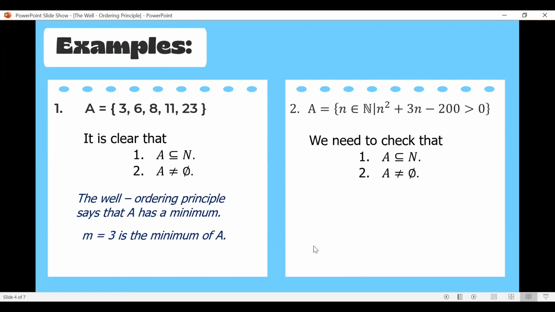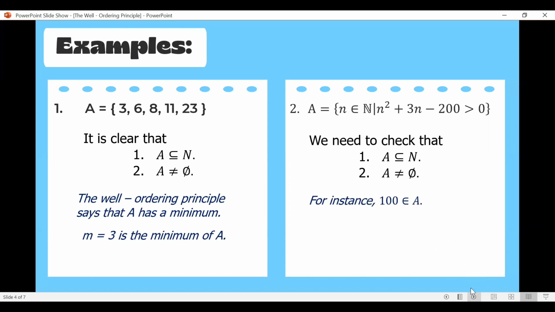And second, to check if this is not empty, how are we going to do it? By simplifying n squared plus 3n minus 200 greater than or equal to 0, we can find the values of n. Then we replace them in the inequality, and after that, let's see if it contains elements.